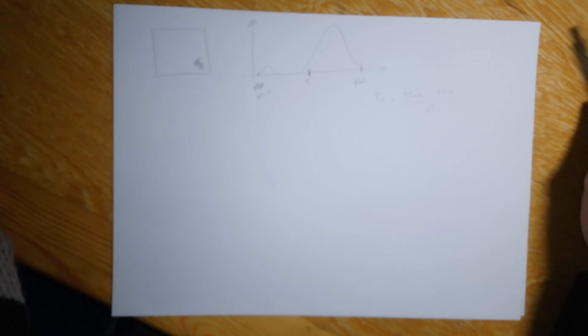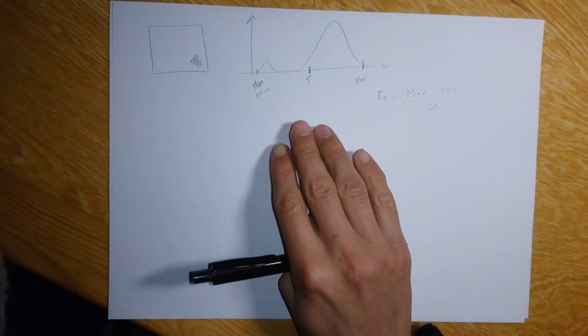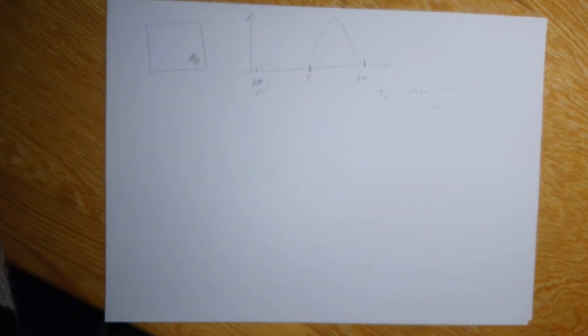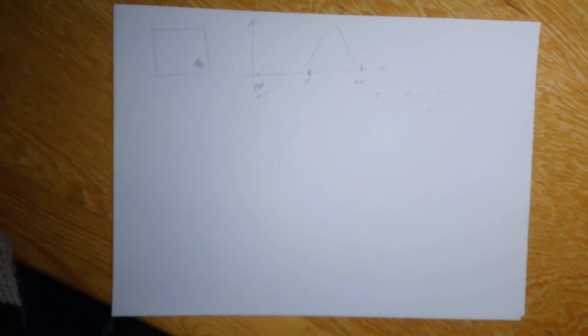Now this method actually fails sometimes. It's not going to give you a good threshold, even if the object and the background had a good contrast. So when does this method fail?